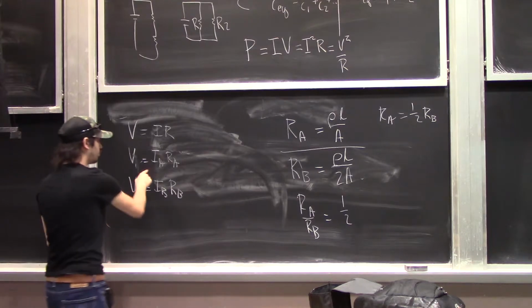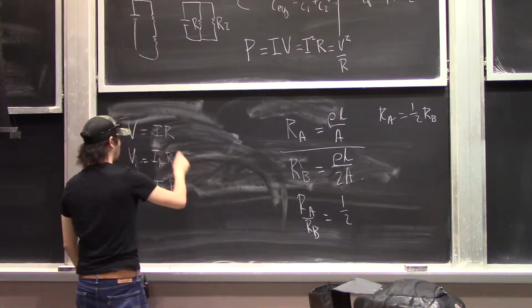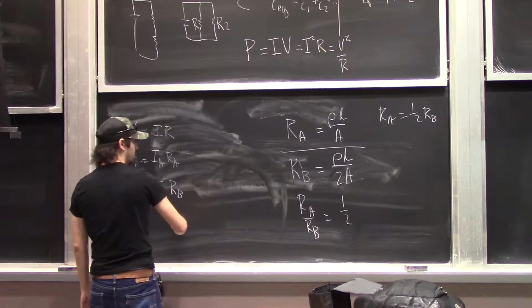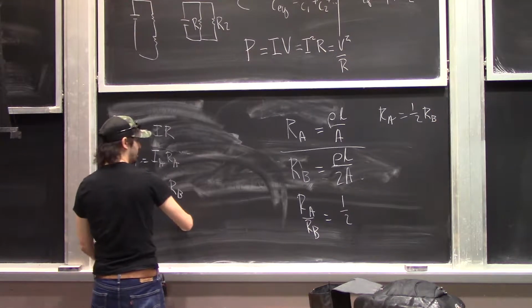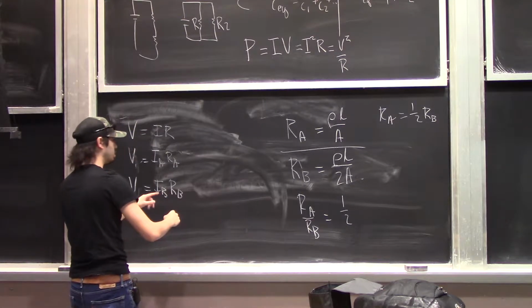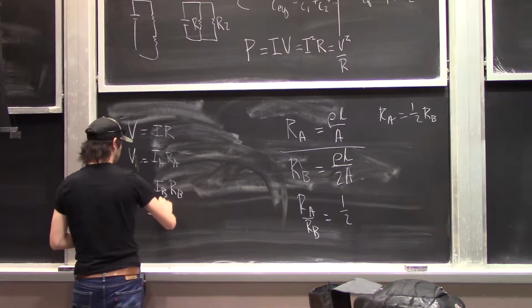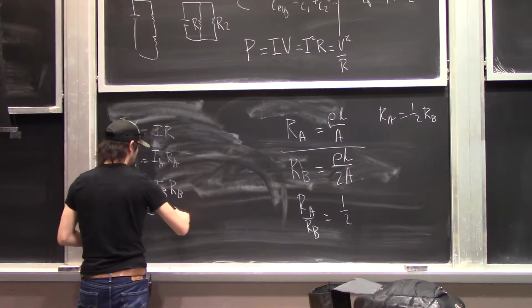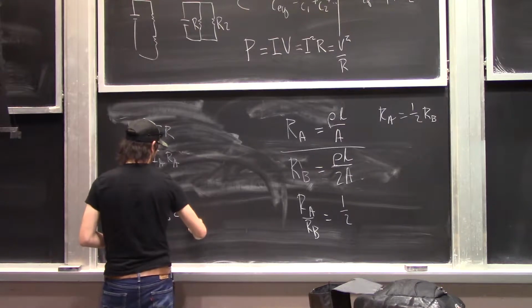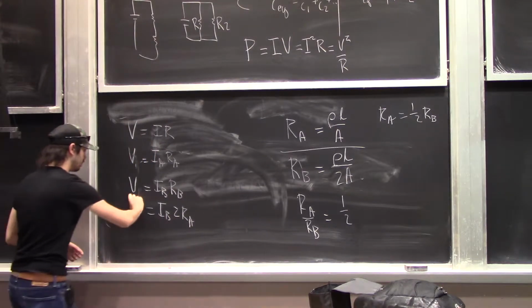If this one's just RA, then RB is going to be, sorry, 2 times RA, right? So this is equal to IB times 2RA, which is equal to V.